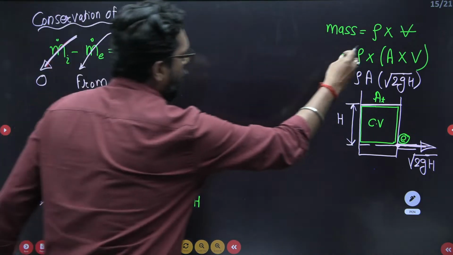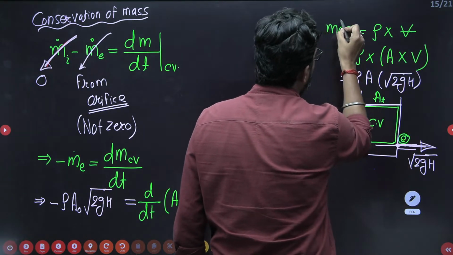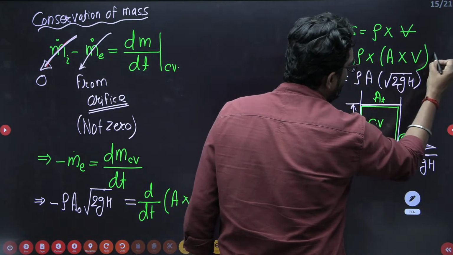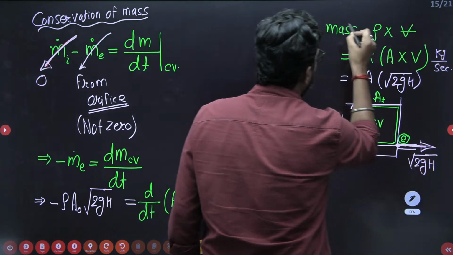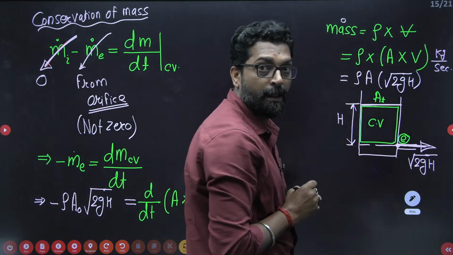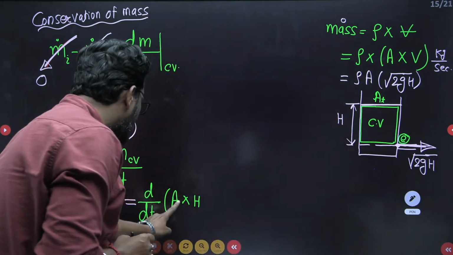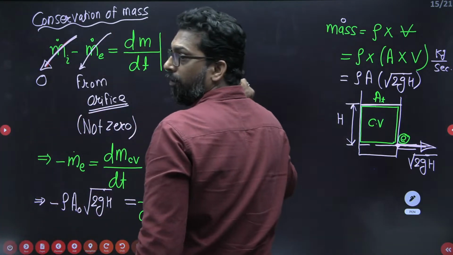So this volume you can write like that. This is the mass flow rate, in kg per second. Clear now? This is your mass flow rate. Now we have to find the mass of a control volume.